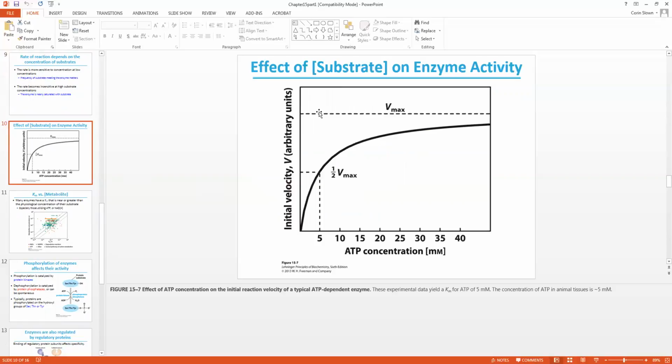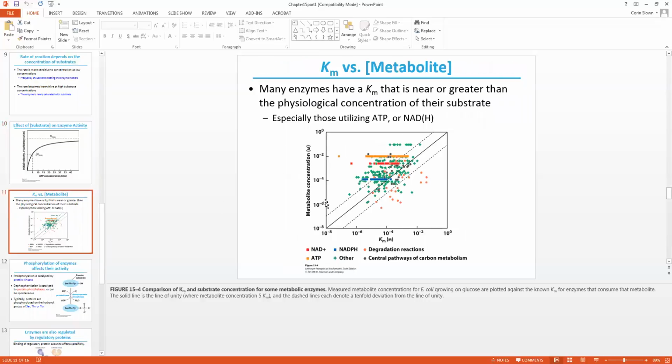You're familiar with these because we use them to convert the saturation curves into the Michaelis-Menten plots. But this idea of Vmax and 1/2 Vmax, and really being able to determine the substrate concentration at that rate. So many enzymes have a Km that is near or greater than physiological concentration of their substrate, especially those that utilize ATP or NADH.